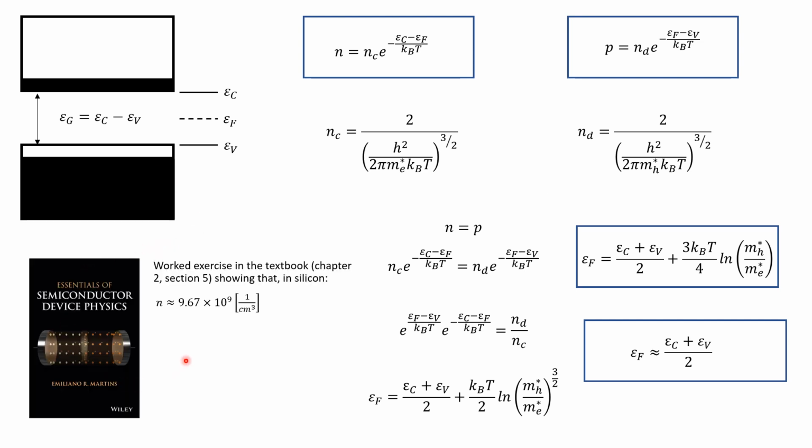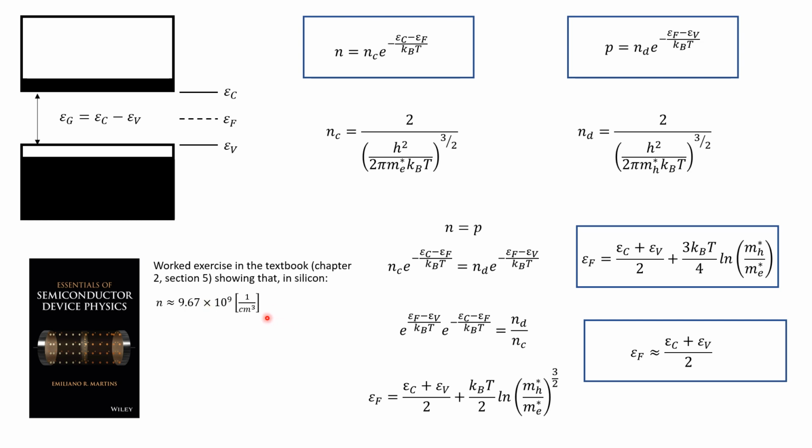And in the textbook, there's a worked exercise using these equations that we derived to calculate the concentration of electrons in silicon. So we need to look up the band gap of silicon, the effective masses, and assume a room temperature. And that's the result as shown in the worked exercise.